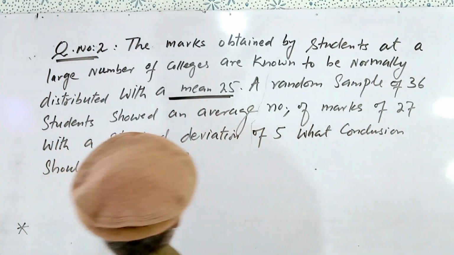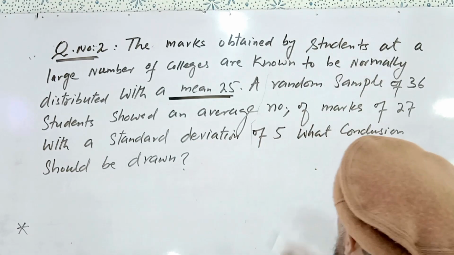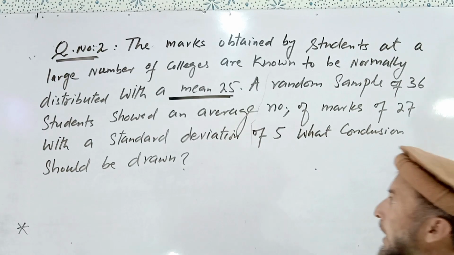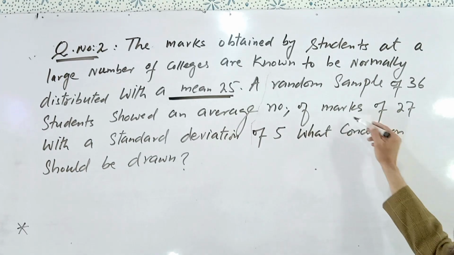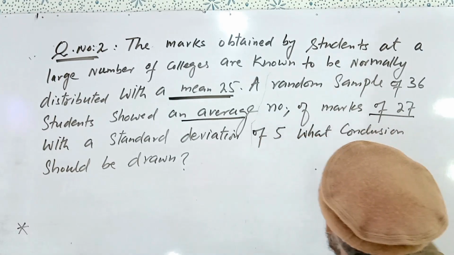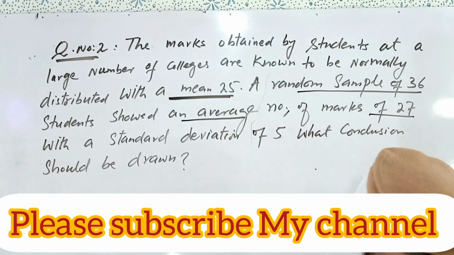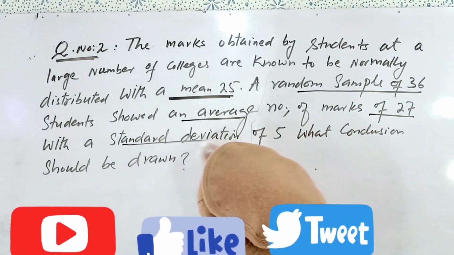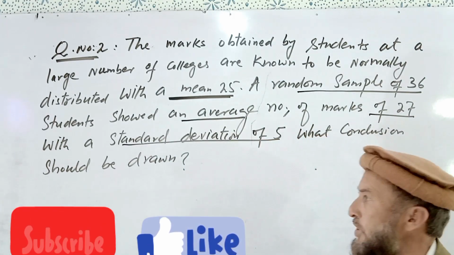We want to test the mean. A random sample of 36 students showed an average number of marks, with a standard deviation also known. What conclusion should be drawn?